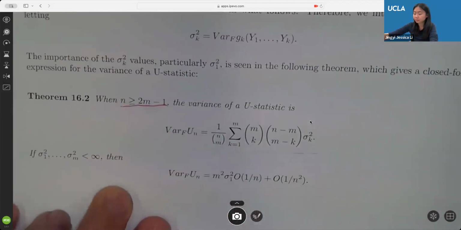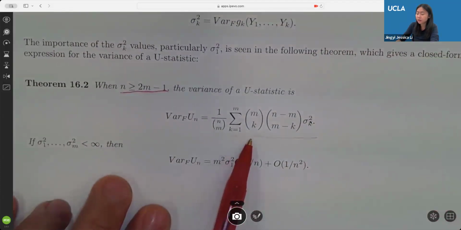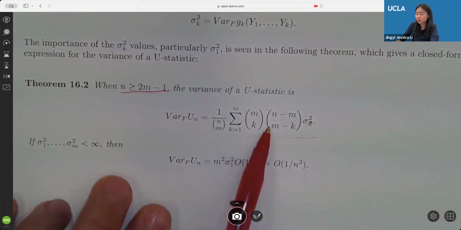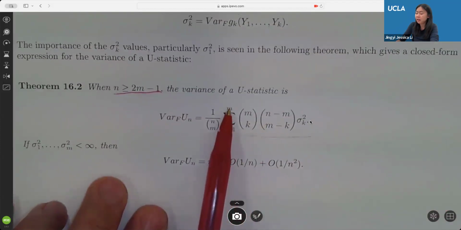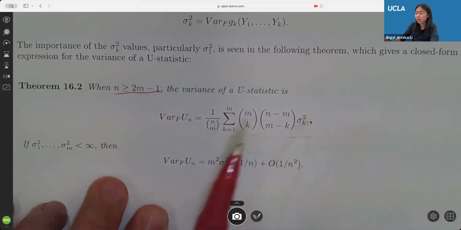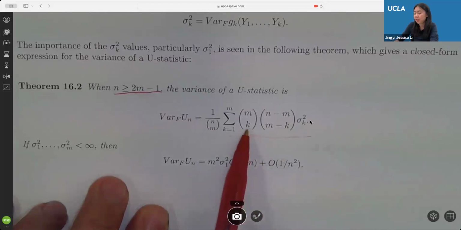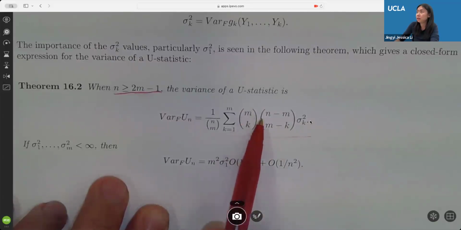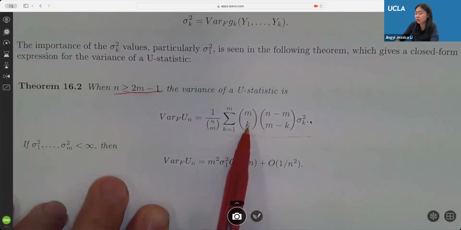Under this variance formula, among the m arguments in your g function, because g has y1 to ym, m dimensions, you first pick k dimensions. You consider the possibility of picking the k dimensions.